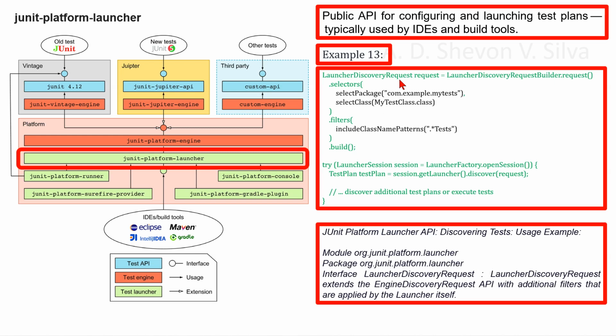Having test discovery as a dedicated feature on the platform itself frees the IDEs and build tools from most of the difficulties they had to go through to identify test classes and test methods in previous versions of JUnit.